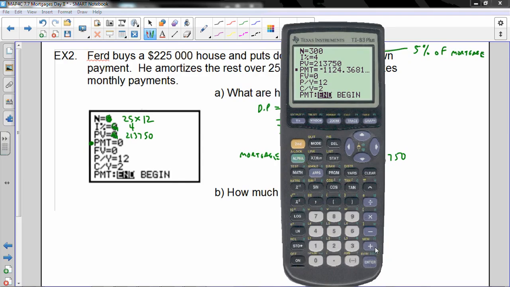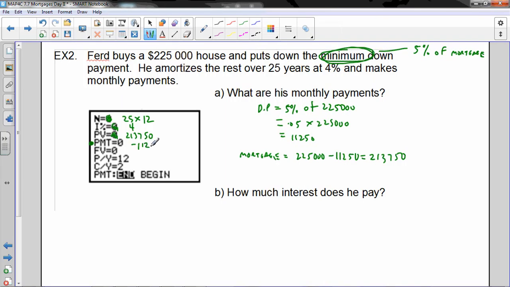Solve for that: $1,124.37, which is again a pretty good deal for Ferd, a $225,000 house, $1,100 mortgage payments monthly, pretty good. So how much interest does he pay?